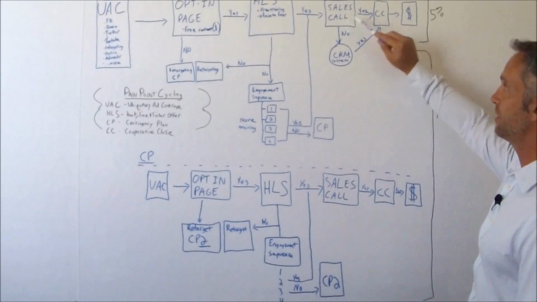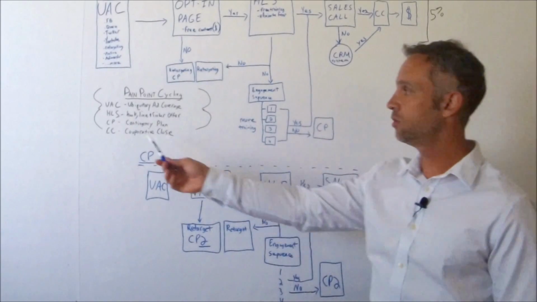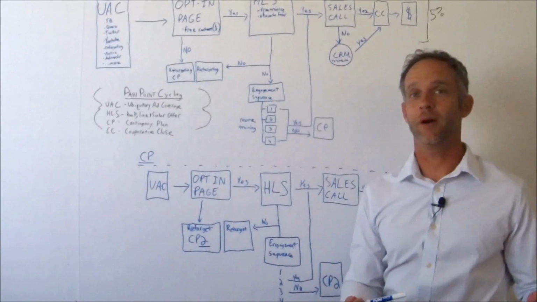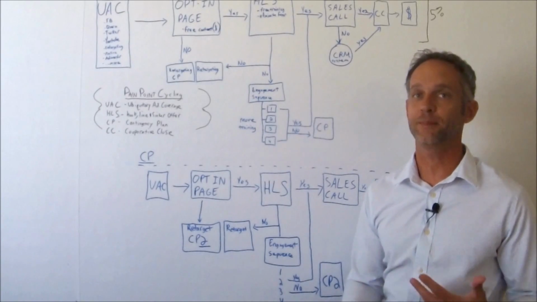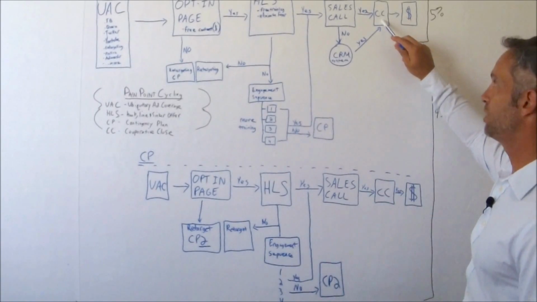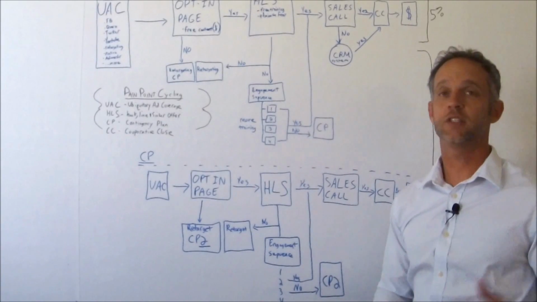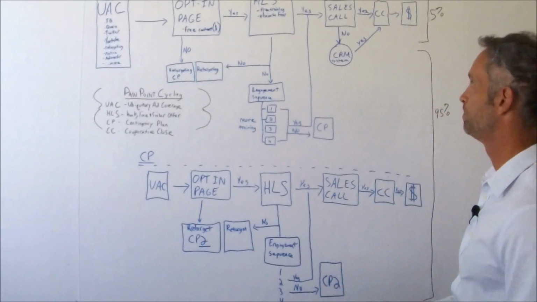And once you're on that sales call, you're going to be bringing them in through the cooperative close, the CC, cooperative close. And again, to understand that process, you would watch the Cold to Sold program. I do explain that. There's various steps involved in the Cold to Sold program. And of course, once you sell them on the cooperative close, you go ahead and collect their funds and then start with the process of the reason why they hired you in the first place.